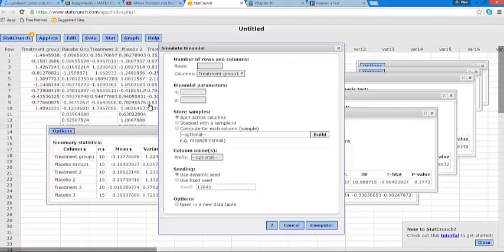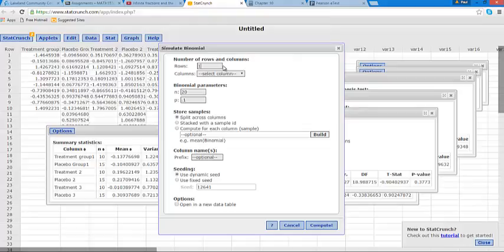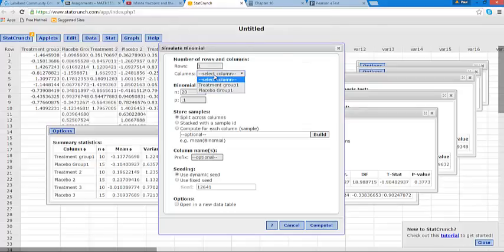Number of rows, don't need it. Number of columns, don't need it. But what I need here is n, and we're going to do 20 trials. P is 0.1, and what I want is I want to compute. I need a row. I need a column.